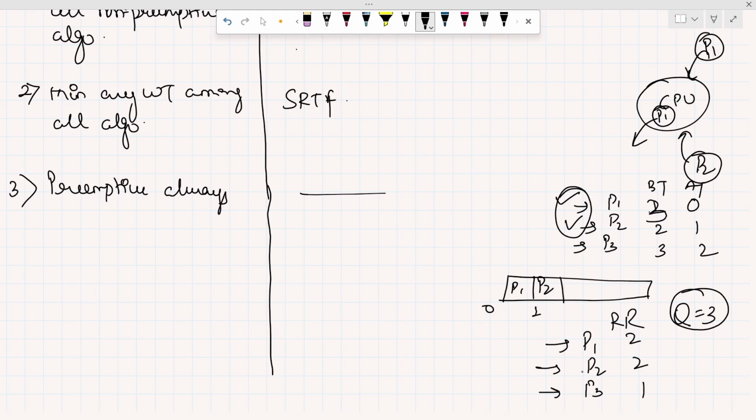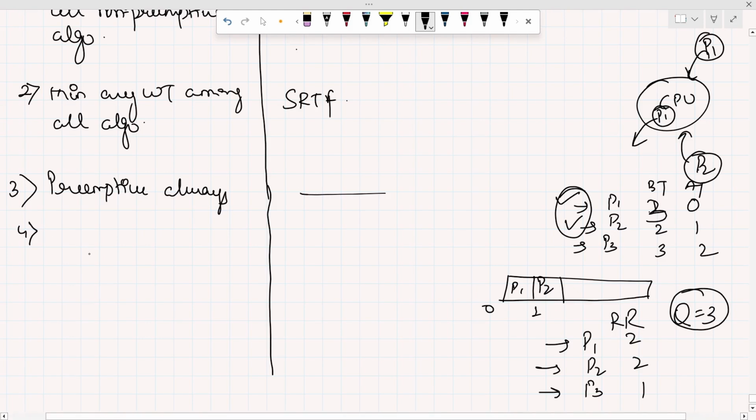Then Round Robin also follows a non-preemptive approach, meaning a process comes and leaves, never again coming into the ready queue. So a preemptive algorithm is also following a non-preemptive approach under some conditions. So no scheduling algorithm is preemptive always. This is a very important point.